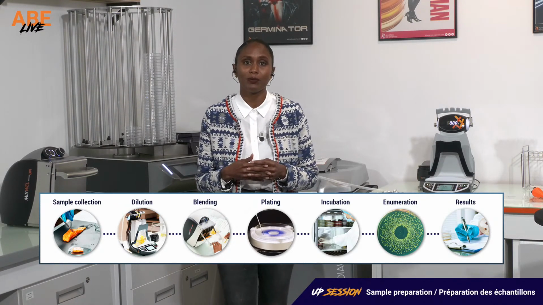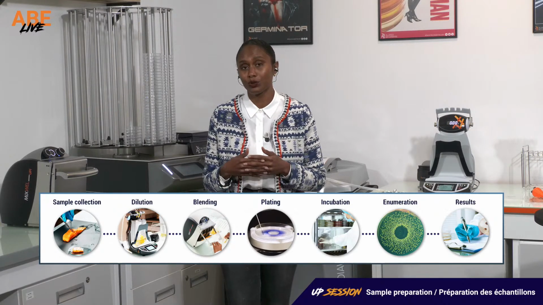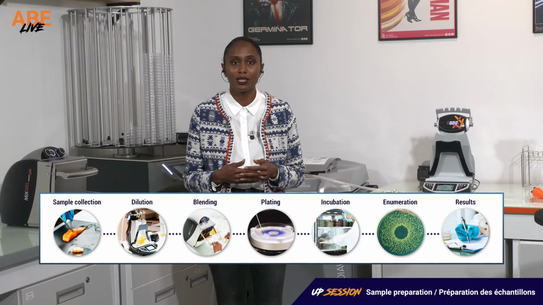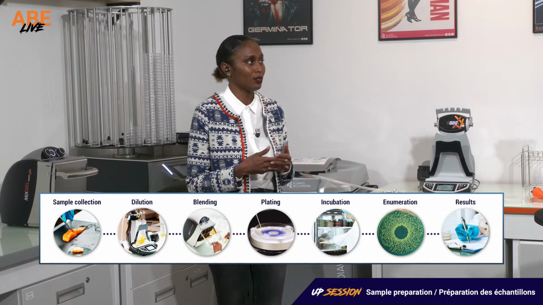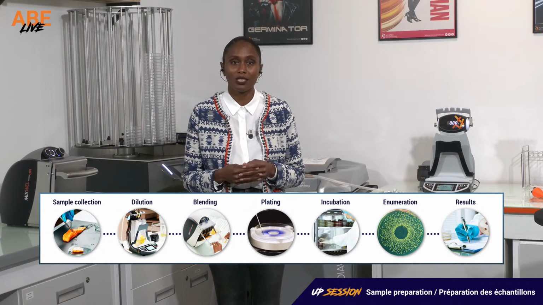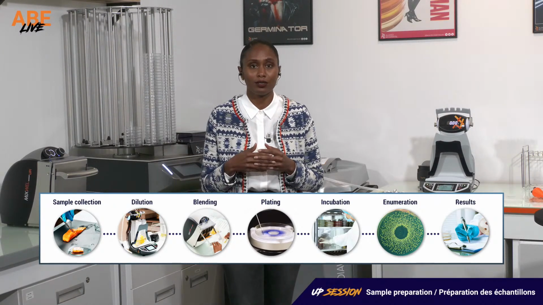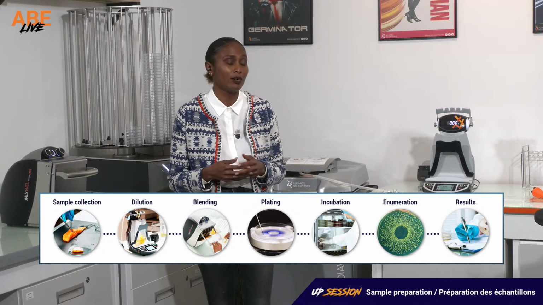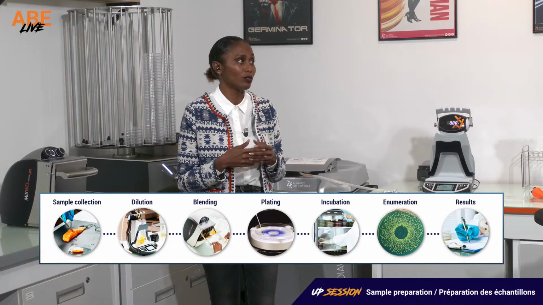The incubation will be done at a specific temperature during a specific duration. And after this incubation, you will be able to analyze your results doing the enumeration. With this enumeration, you will be able to define the initial concentration that you had of this microorganism in your initial sample.